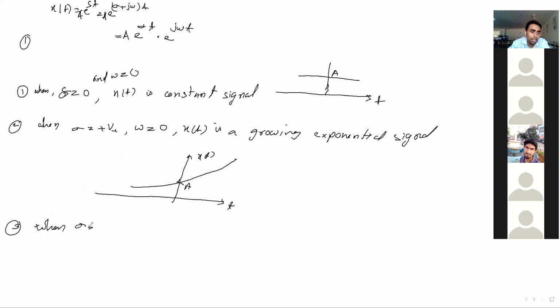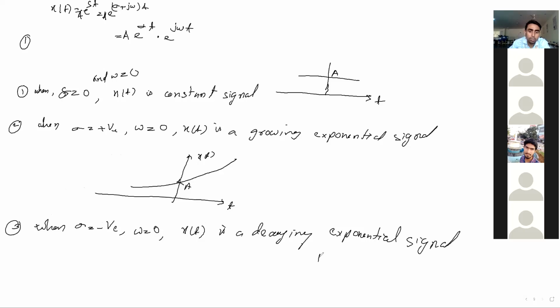When sigma is negative and omega equal to 0, then x(t) is a decaying exponential signal. In this case, the waveform is decaying, meaning it gradually decreases in amplitude.